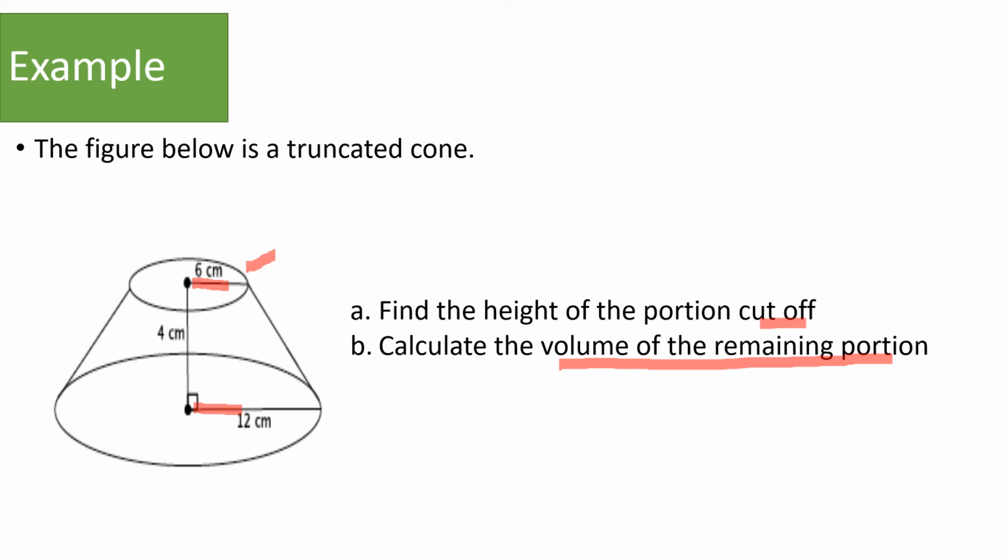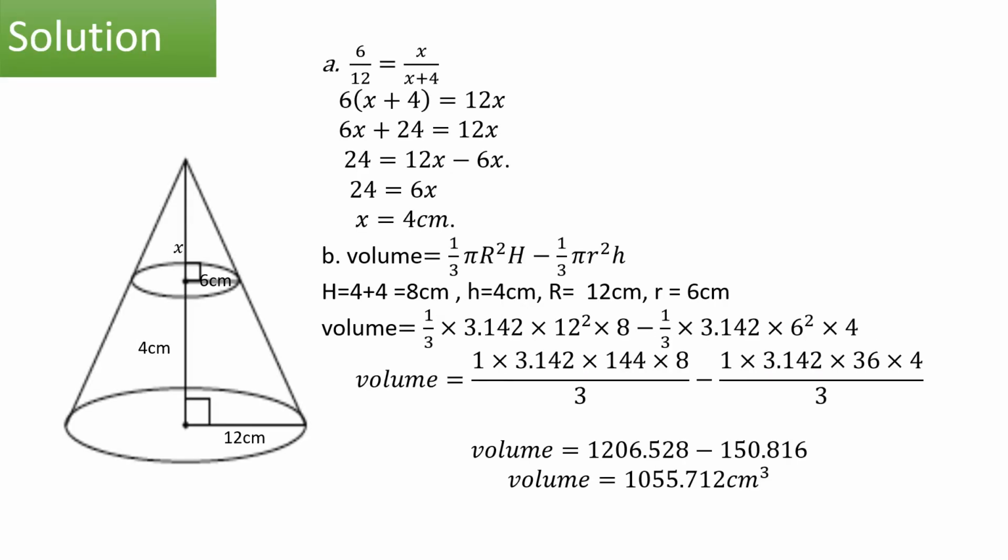So what we need to do is draw the full cone. So this is the full cone. Our x here is the height of the cone cut off, then this 4 is the remaining height. 12 is the radius of the full cone, and 6 is the radius of the cone cut off.